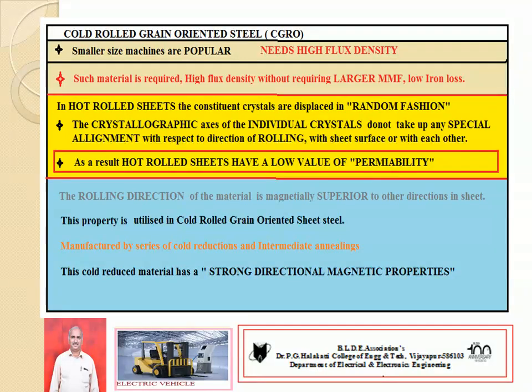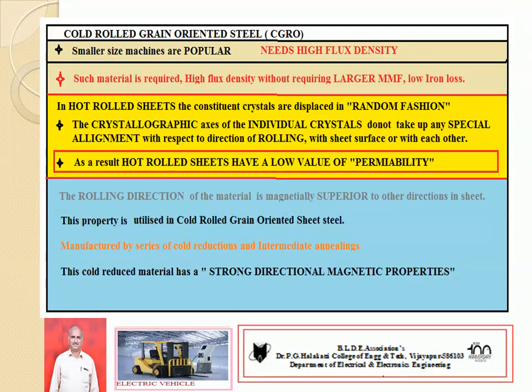But the crystallographic axis of an individual crystal does not take any special alignment with respect to rolling. It is one of the properties observed. Number one, crystals are arranged in random fashion; materials are in crystalline structure.